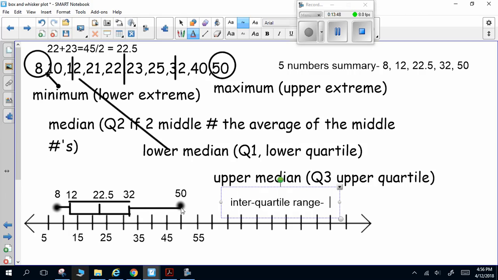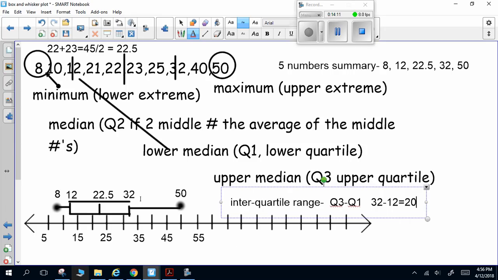So the range of this data is 32. The interquartile range is the distance between Q3 and Q1. So that means that I would subtract 32, which is quartile 3, minus 12, and that's 20. So the interquartile range of this data is 20.